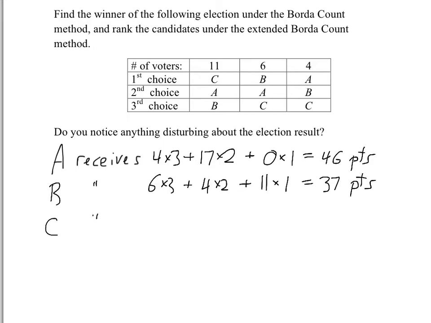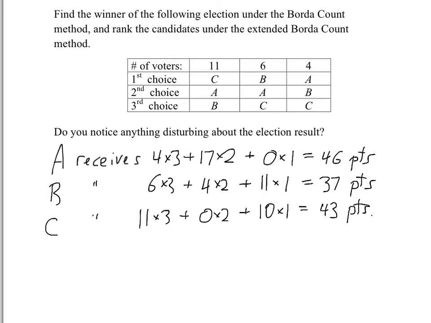And finally, C receives 11 first choice votes, plus, once again, 0 second choice votes, plus 10 third choice votes, worth 1 point each. Great, so that's 33 plus 10 equals 43 points.